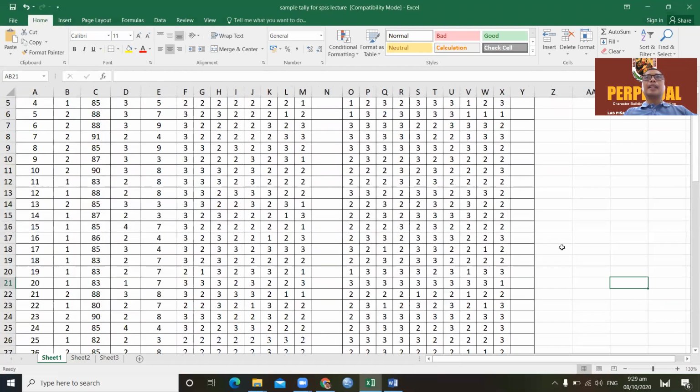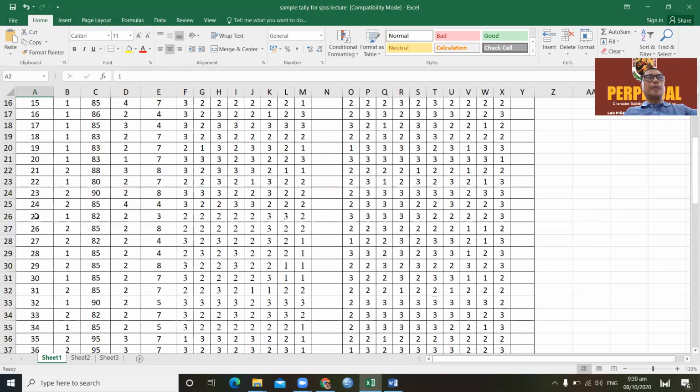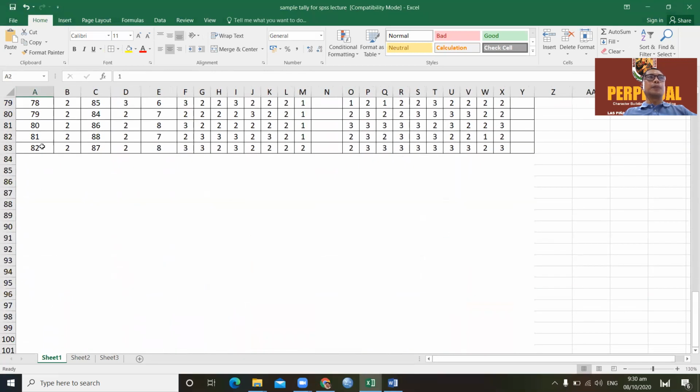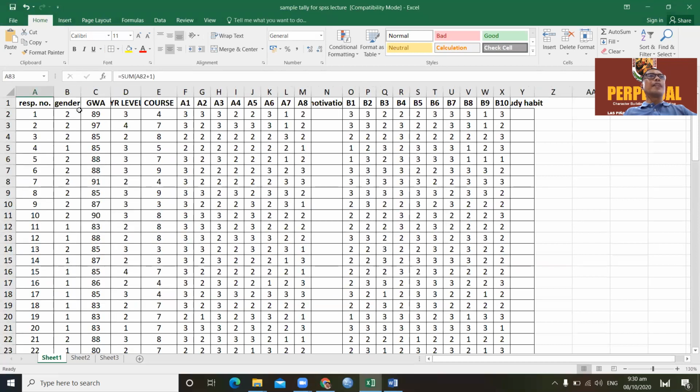If you could see in here, there are so many values, so many numbers, but on the first column you have the respondent number. It should be until 82 since we have 82 respondents. That's your sample size. For the gender, you need to code.